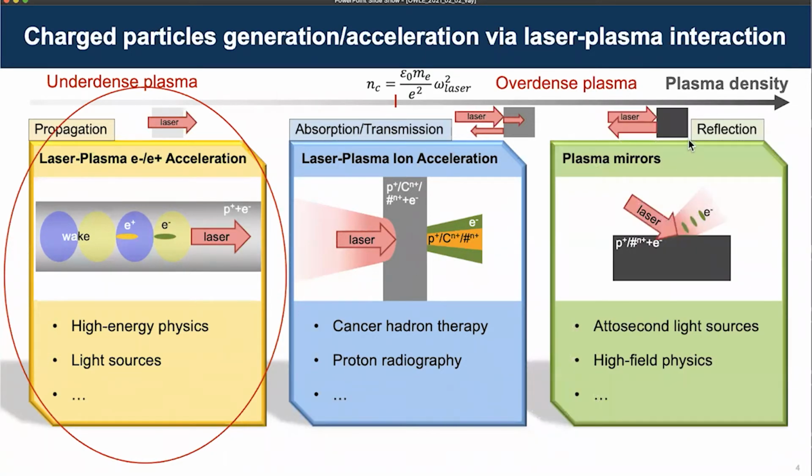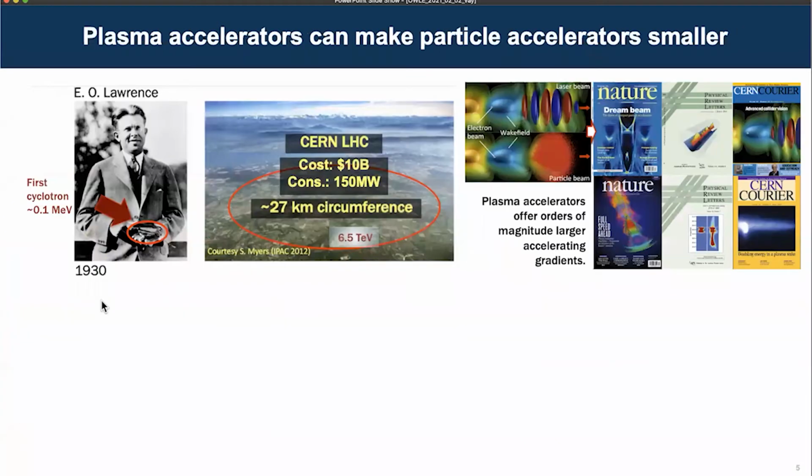And with even higher density, you have reflection of the laser and so-called plasma mirrors that you can use to generate some attosecond light sources or electron beams, with possible applications also to high field physics. So we will focus on the first one in this talk.